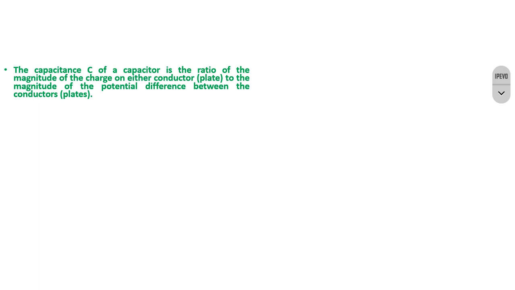The capacitance of the capacitor is the ratio of the magnitude of the charge on either conductor to the magnitude of the potential difference between the conductors. The SI unit of capacitance is farad. So if you don't use the term farad, which was named after the founder, you can as well use coulomb per volt.